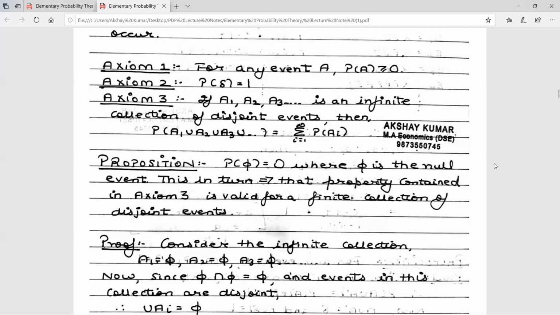Disjoint events means they have nothing in common; their intersection is phi. I can come to the white screen to explain the last axiom to you.